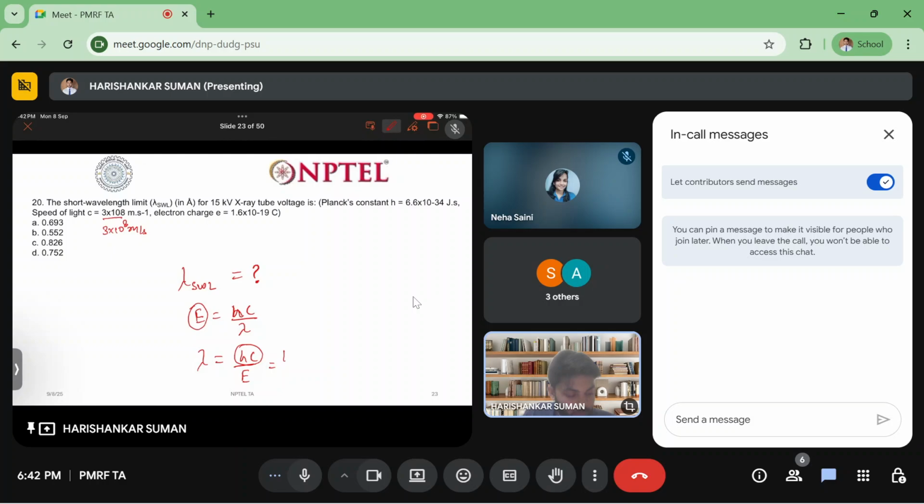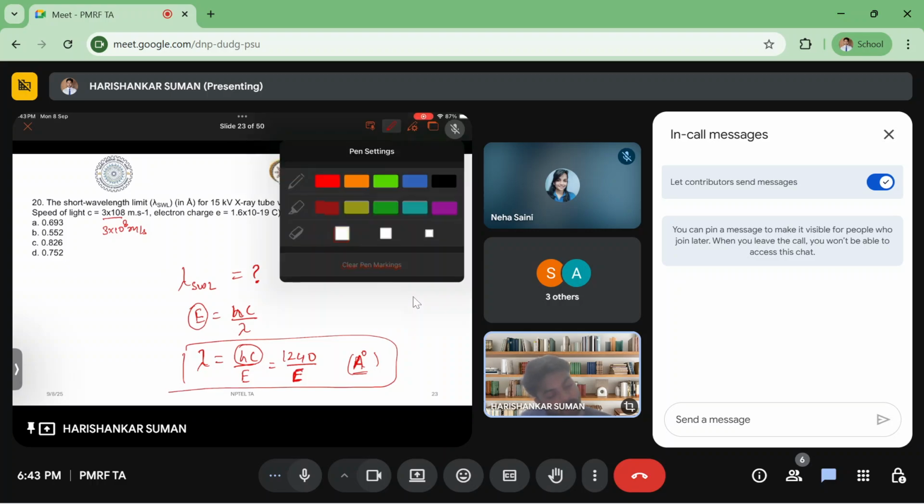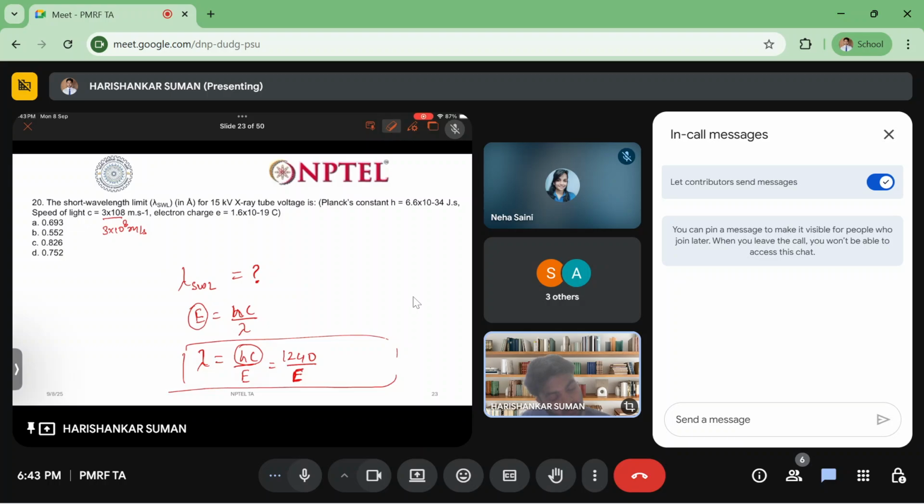This value is 1240. If lambda is in angstrom, you can put the energy. So please try to solve this question. Use this concept; you can take 5 minutes.